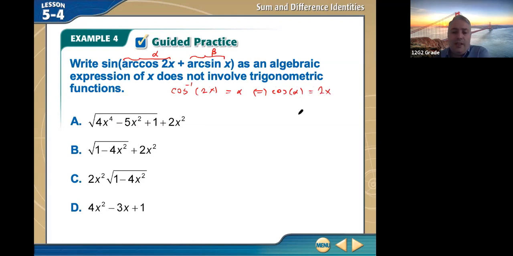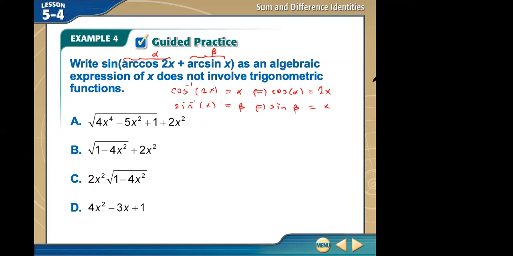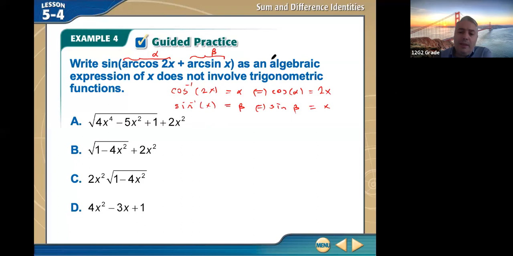Is this okay or not? Yeah, it's okay. And then arc sine of x is beta means sine of beta is x. Is this okay or not? Yes. Good.